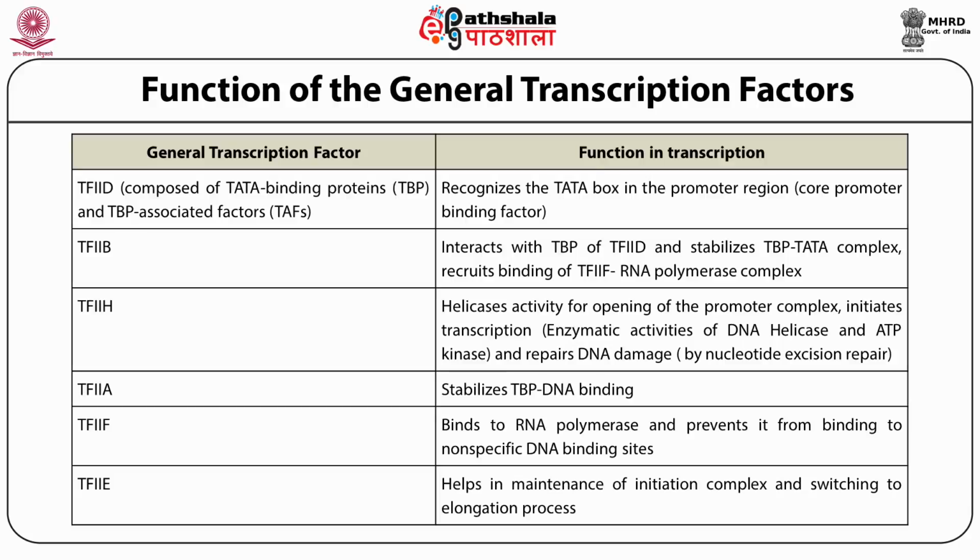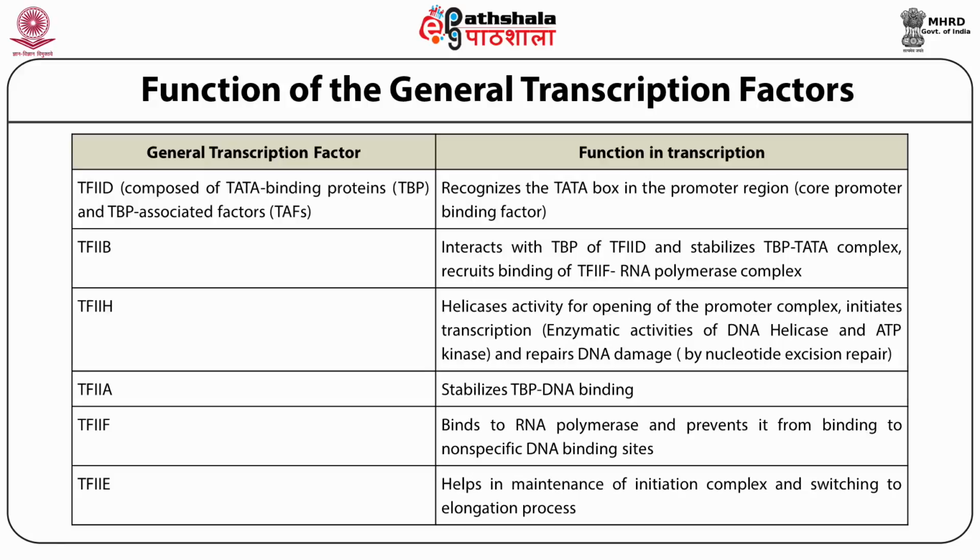Transcription factor 2B interacts with TATA binding protein of transcription factor 2D and stabilizes the TATA binding protein TATA complex. It recruits binding of the transcription factor 2F RNA polymerase complex.